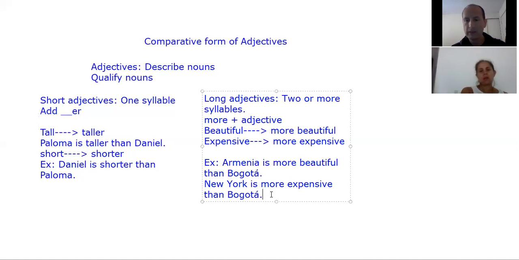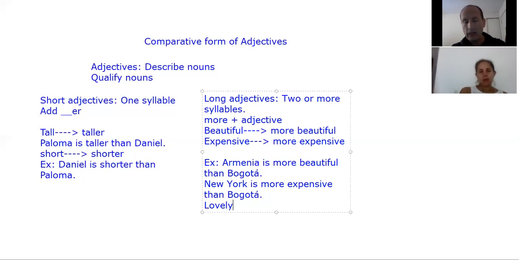Okay, perfect. We have some adjectives of 2 syllables, let's say, for example, lovely. Lovely. It's got 2 syllables.